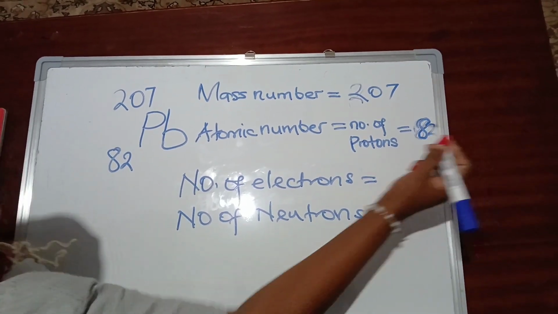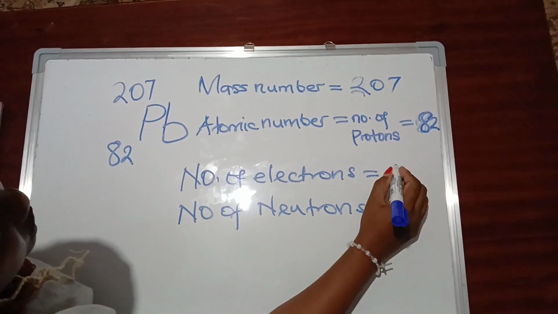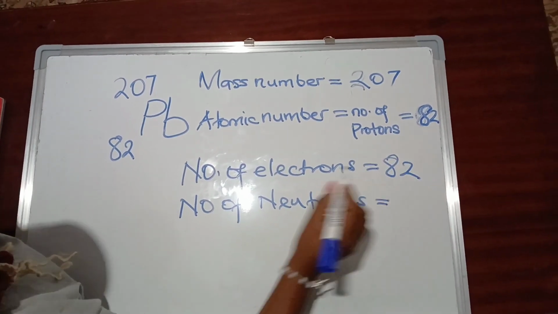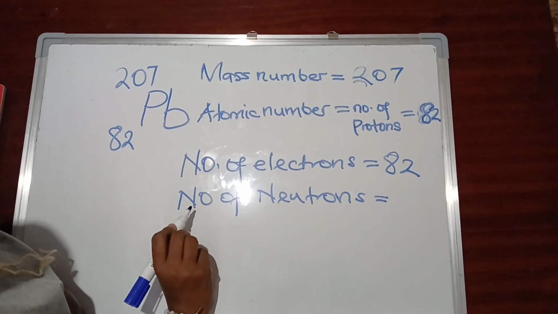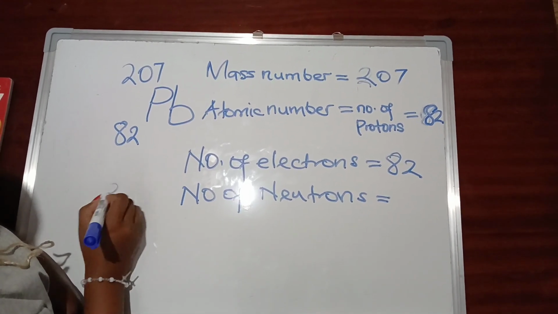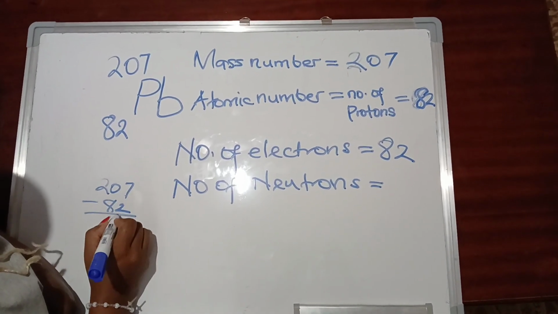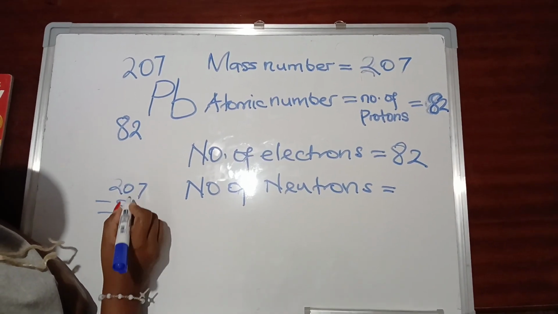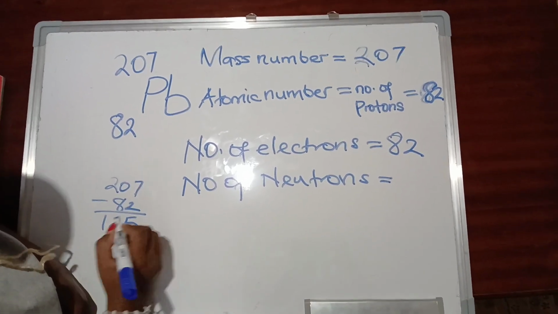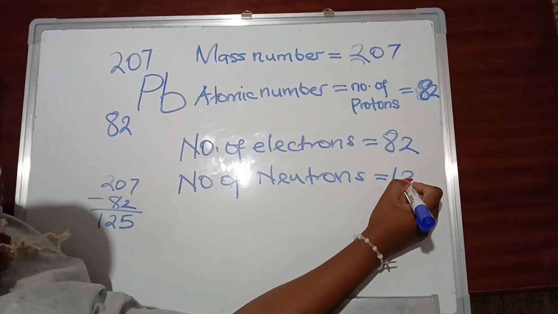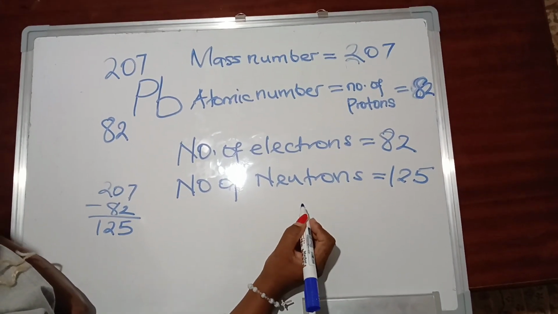The number of electrons is going to be equal to 82 because electrons are equal to protons in an atom. And now the number of neutrons is going to be 207 subtract 82. And this is going to give us 125. That is how you do the calculations.